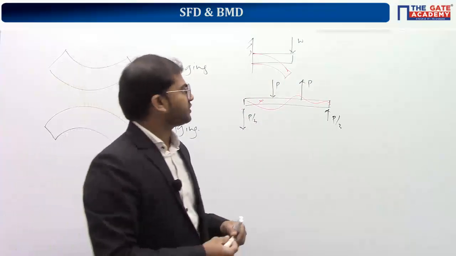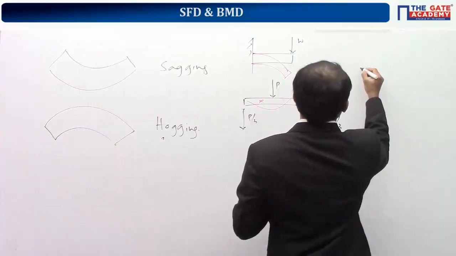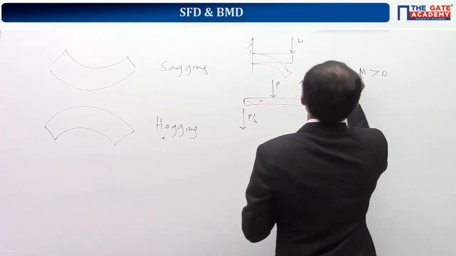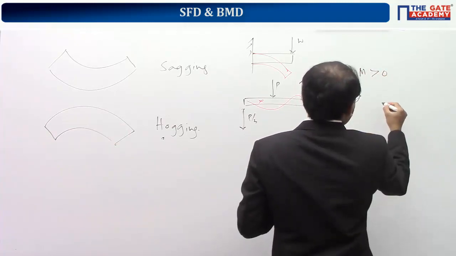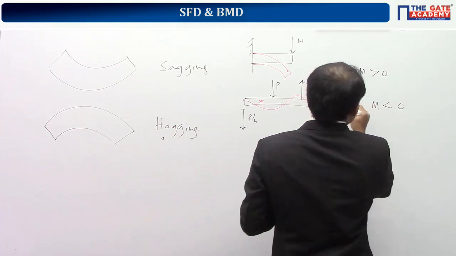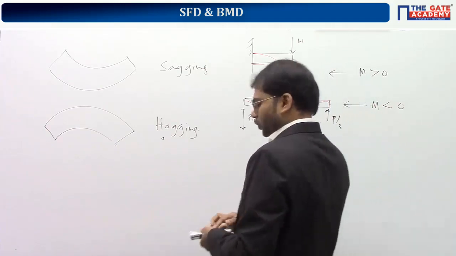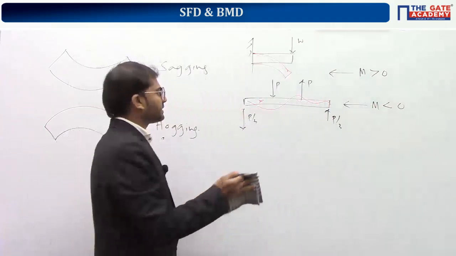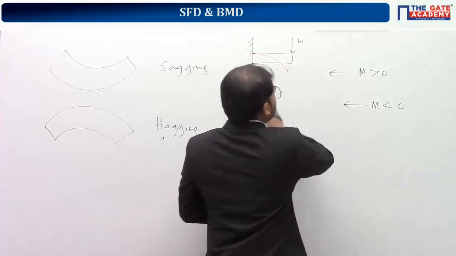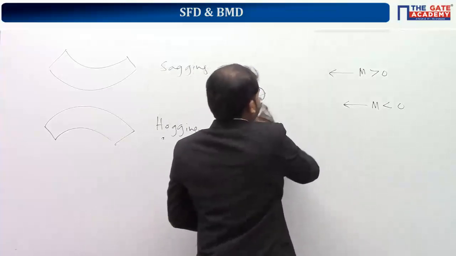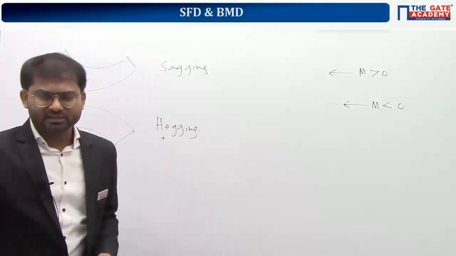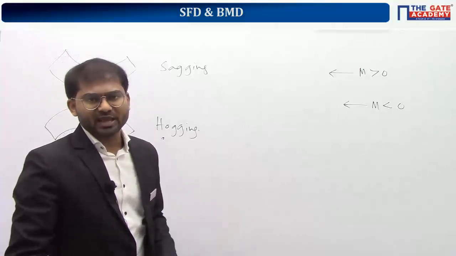According to our sign convention, if bending moment is positive, it represents sagging. If the bending moment is negative, it represents hogging. So if your bending moment value in the graph is coming out positive, it means sagging is happening at that location.